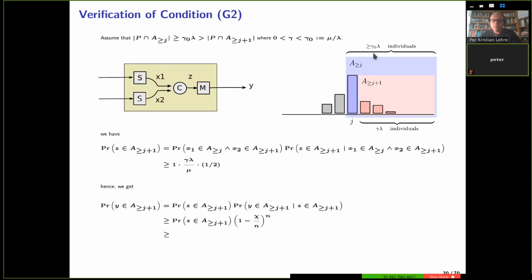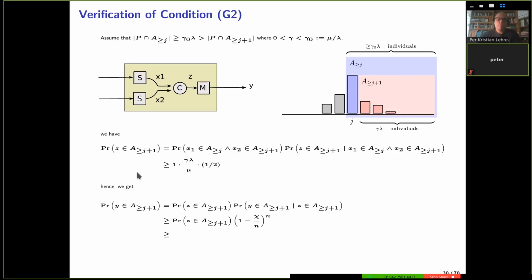Well, I know that I have at least gamma naught times lambda, which equals mu, individuals in fitness level j. So when I do mu comma lambda selection, with probability 1 I select an individual within this blue region here. So for sure, I definitely select an individual with fitness j or higher. And the probability that I select an individual with fitness j plus 1 or higher is just going to be gamma times lambda divided by mu, because I select uniformly at random among the mu best individuals.